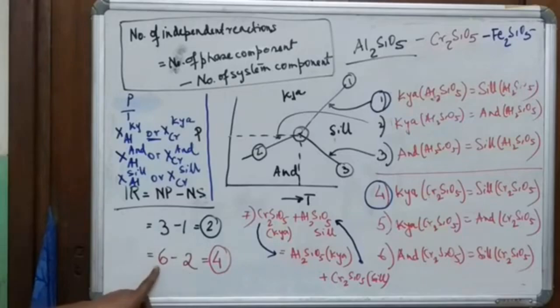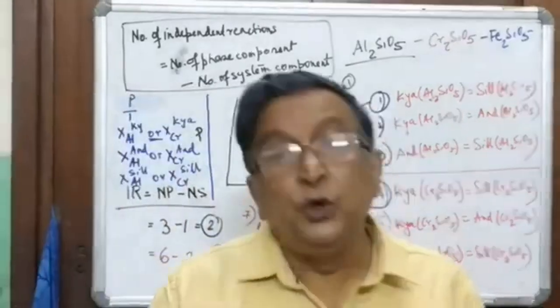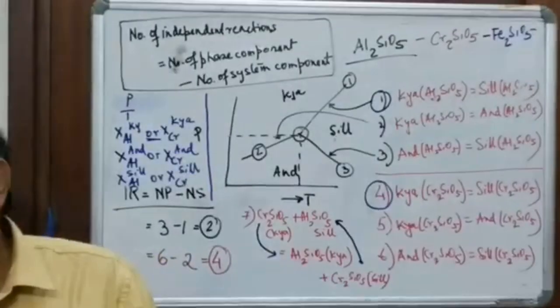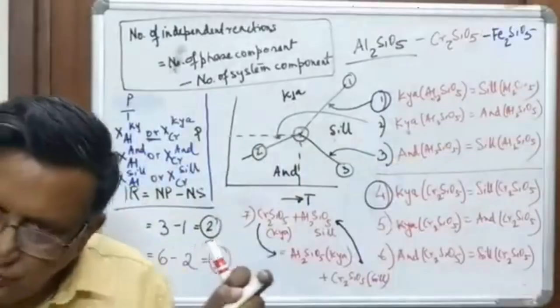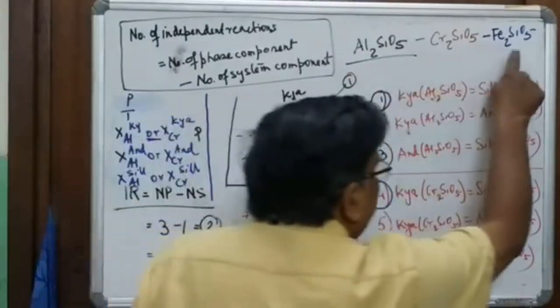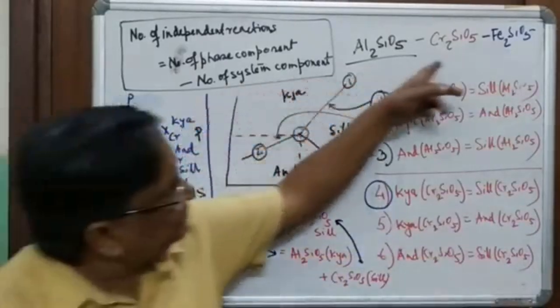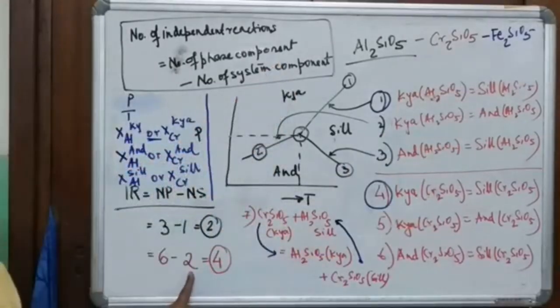And your phase components will increase. And you do it, and tell me how many reactions you will need, and what these reactions are. Have you understood? So I give you this problem. Try to solve it. Take this extended system. The system components are 3 now.